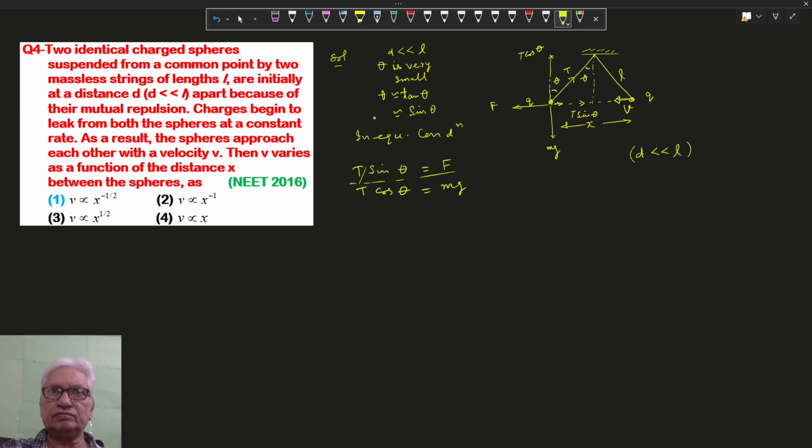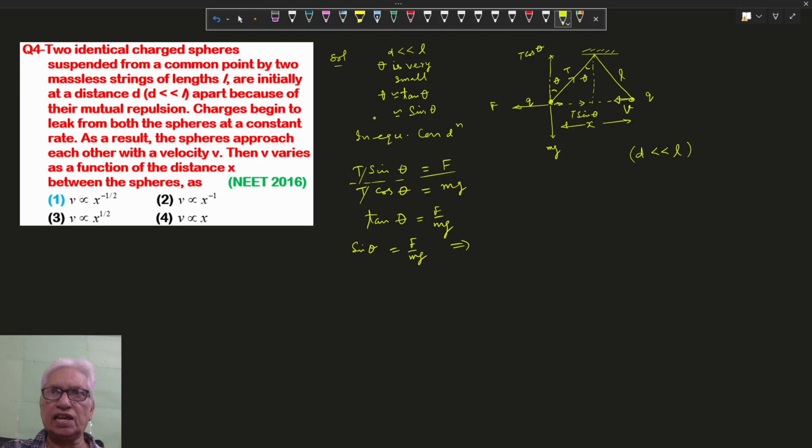Divide them: tan theta equals F upon mg, and theta is small, so it is approximately sin theta equals F upon mg. And what is sin theta?